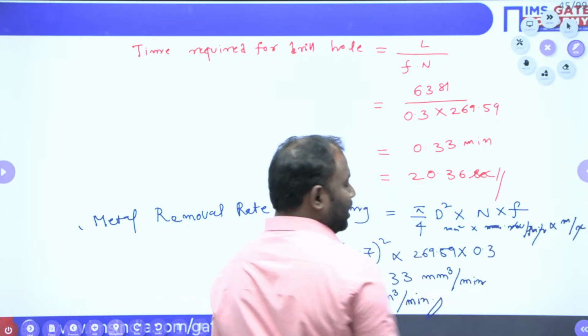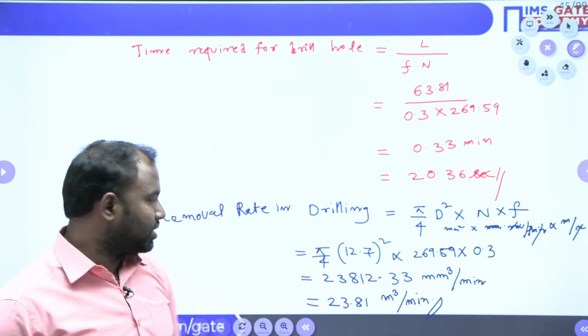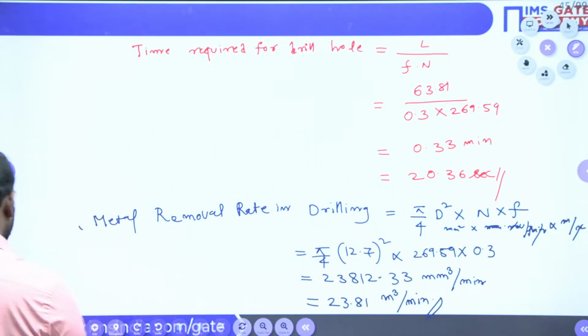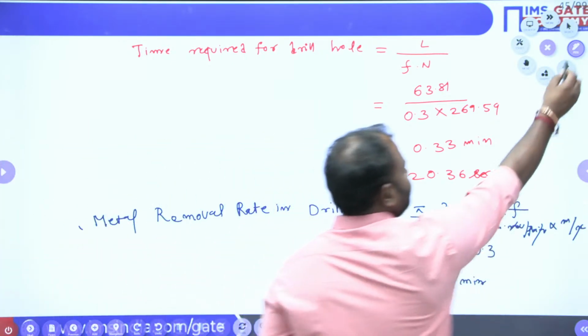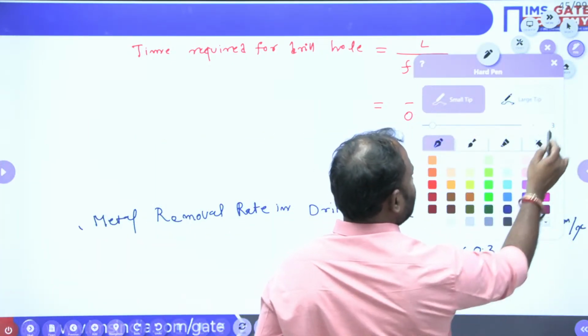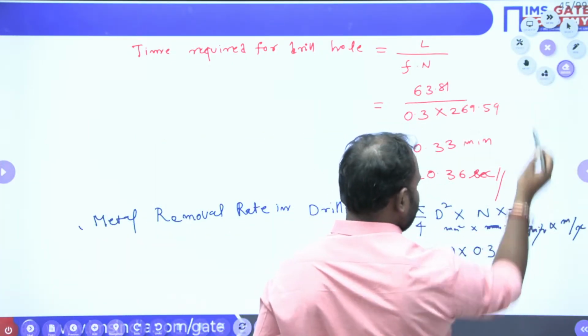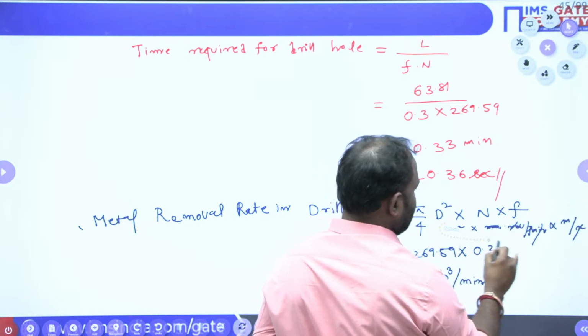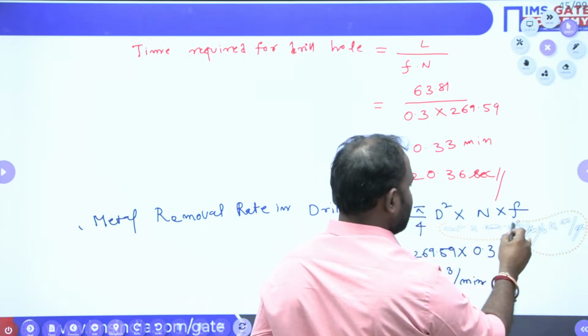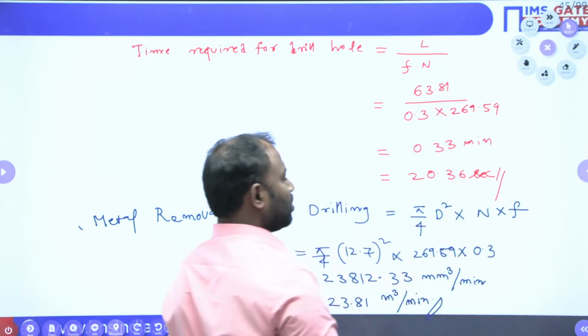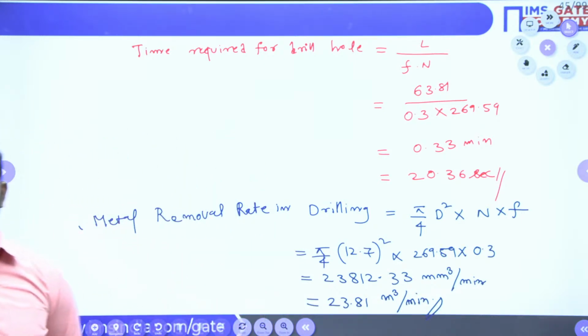Mm cube per minute it will come. Clear, everybody, guys? You can check your units also like that. Hope you understand, all of you.